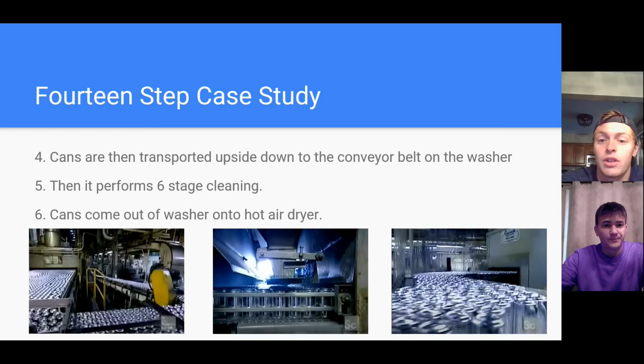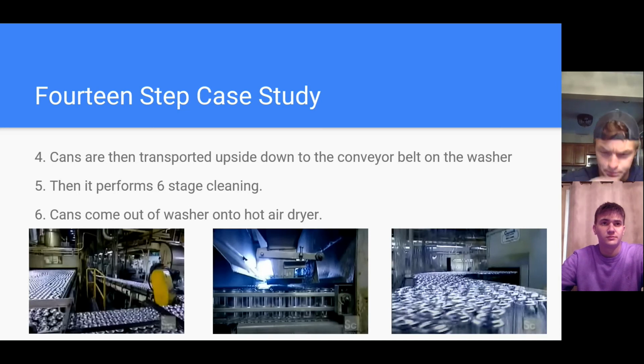So the cans are then transported upside down on the conveyor belt to the washer. This is so it can continue with the 6-stage cleaning. The 6-stage cleaning begins with the first 2 stages being hydrochloric acid sprays, done at a fairly high temperature.